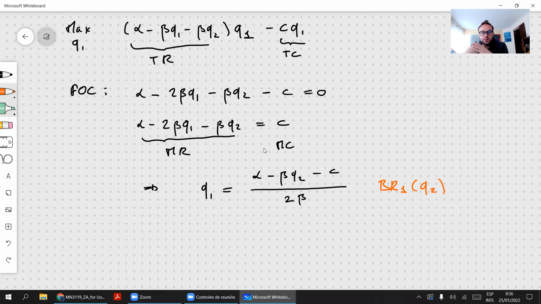If my competitor is going to increase its production, by increasing its production, it's going to be reducing the price in the market because there are more goods in the market. So what I can do as a best response is to reduce my own production in a way that the impact on prices due to the increment of production of firm two is not too important, right?